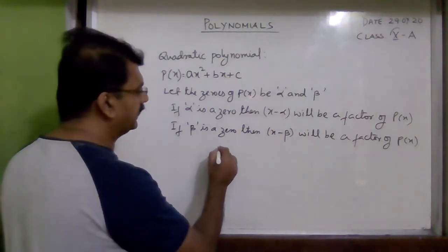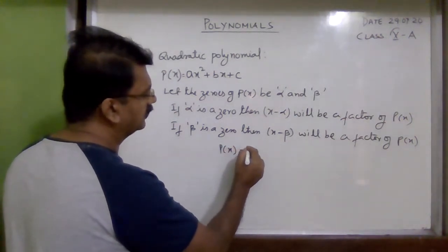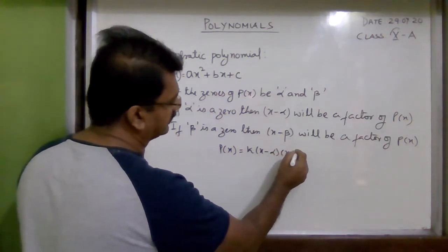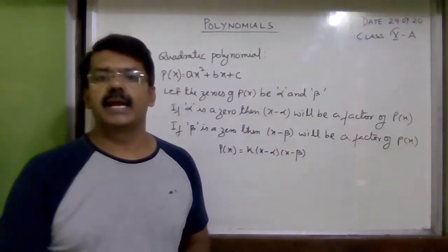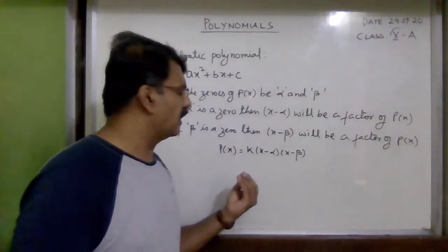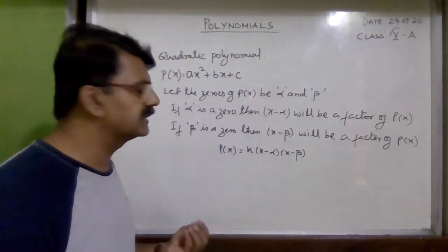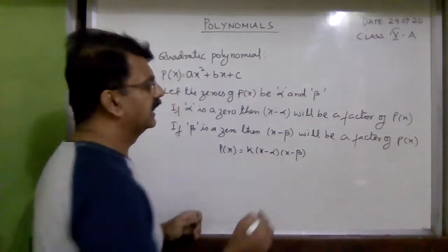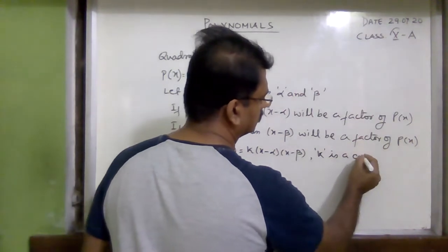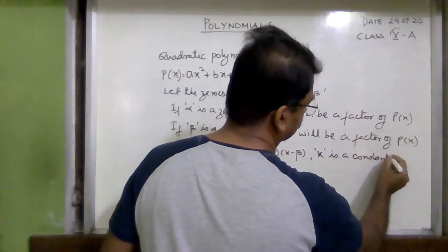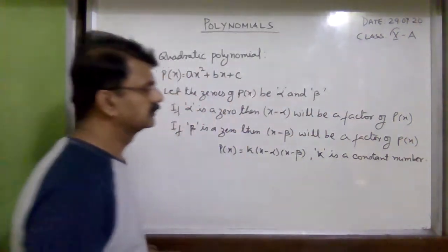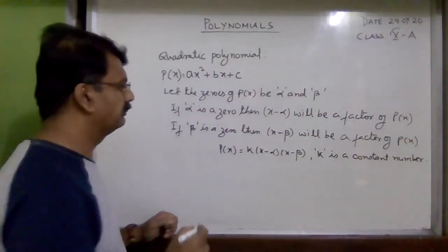Now, we can say that px is equal to k times x minus alpha into x minus beta, because I told you x minus alpha and x minus beta are two factors of px, and k is any constant number. K is a constant number.